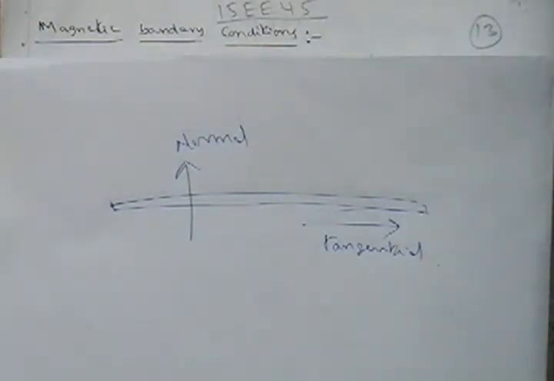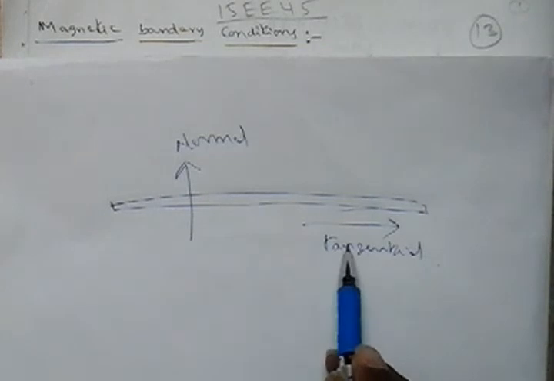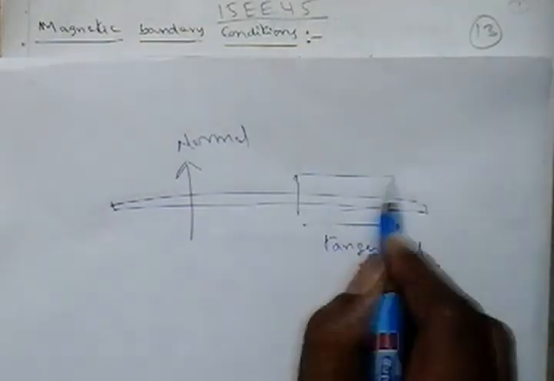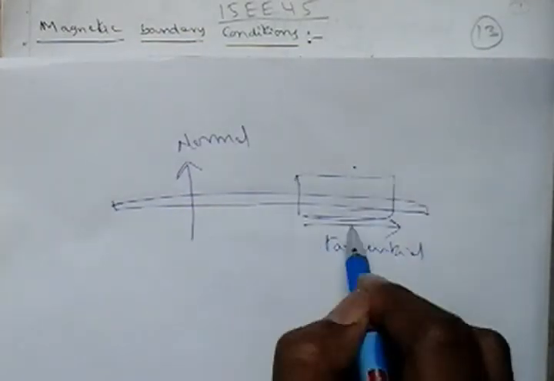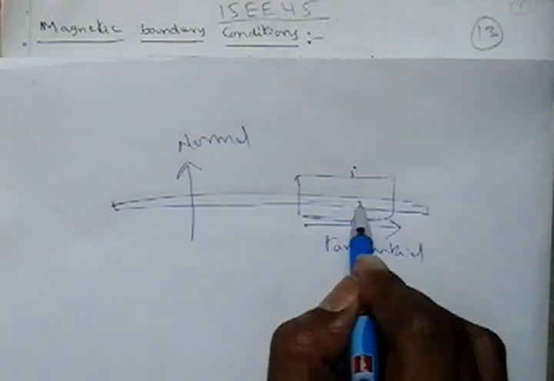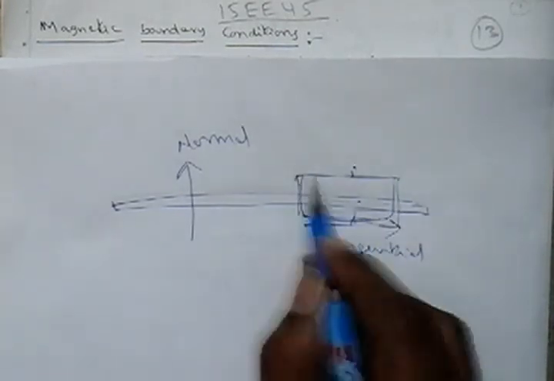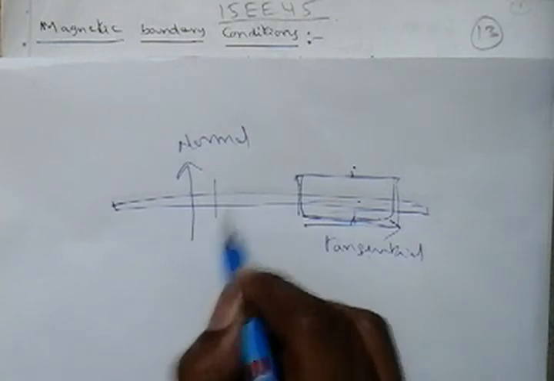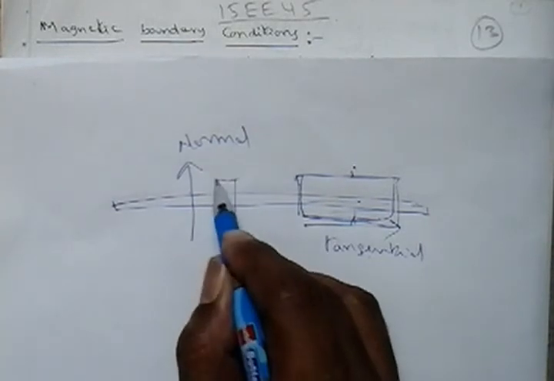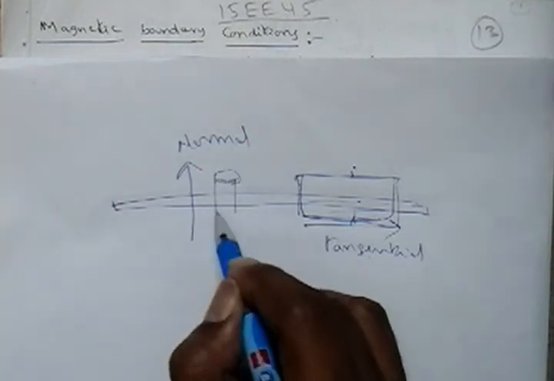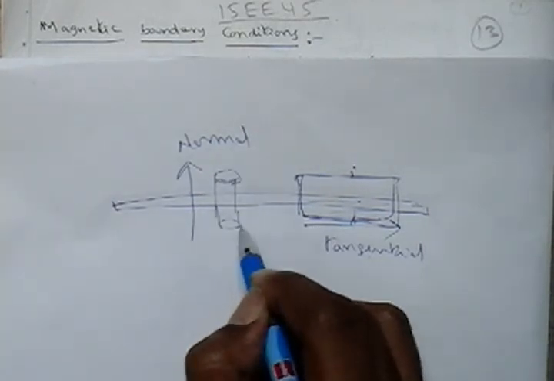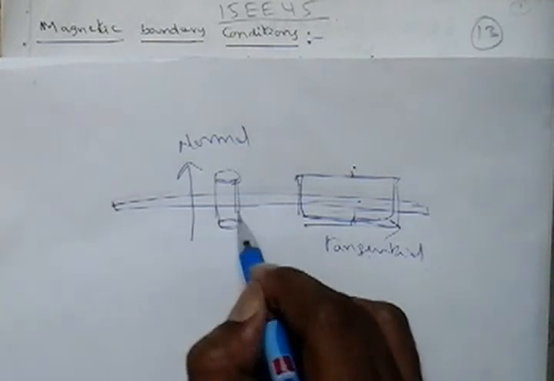Now let's see how to analyze this. To analyze the tangential component, we need to consider a rectangular box. Why? Because these two sides are parallel to the boundary line. But to analyze the normal component, we will consider a circular or cylindrical shape.